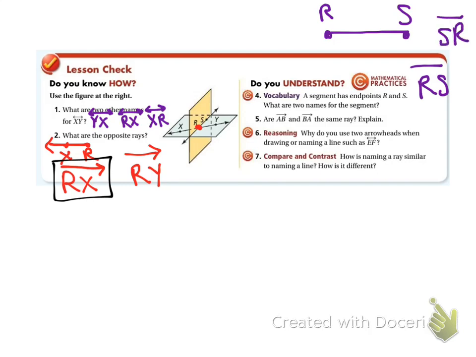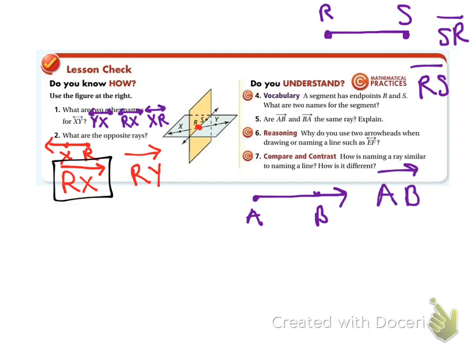And then our last question, are ray AB and ray BA the same ray? So they're wondering, are those just two different names for it? Is it the same ray and we're just calling it two different things? Well, here, I'll draw it out down here. A and B. That's what ray AB looks like.